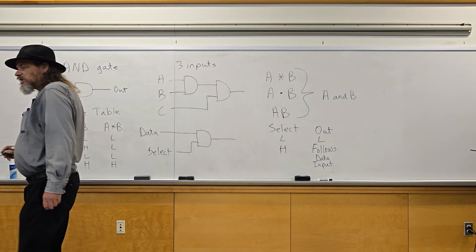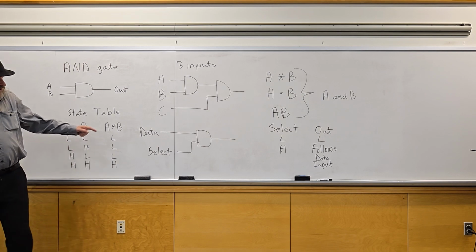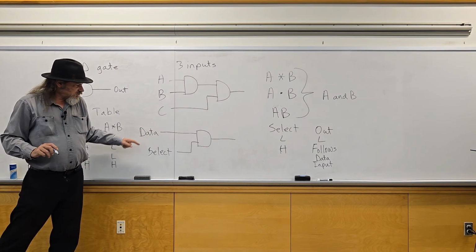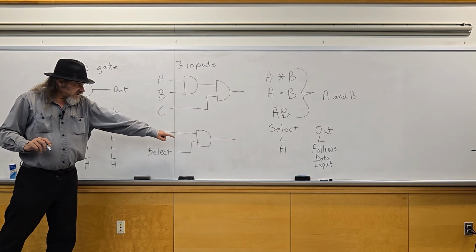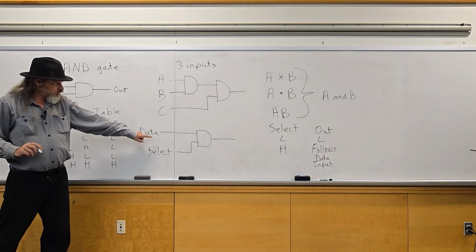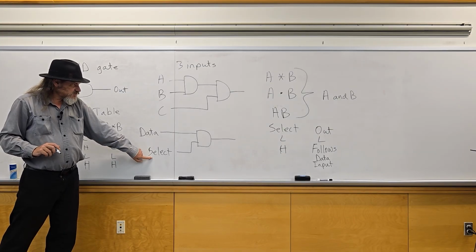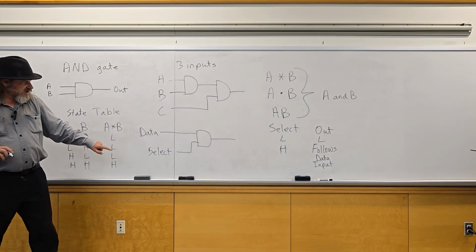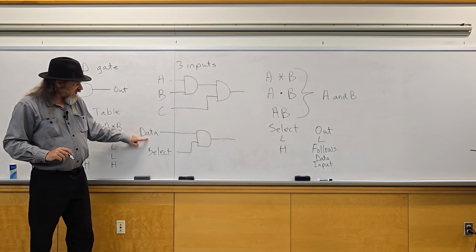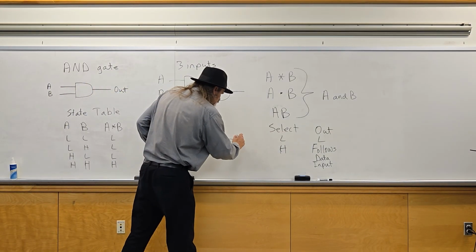So if you want to select whether or not the data goes through a certain point, you would use an AND gate to have the select line. If the select line is high, whatever's on the data line will come out the output.